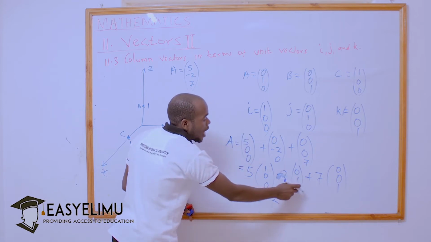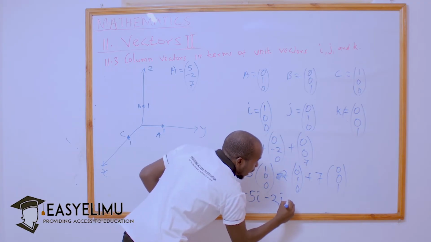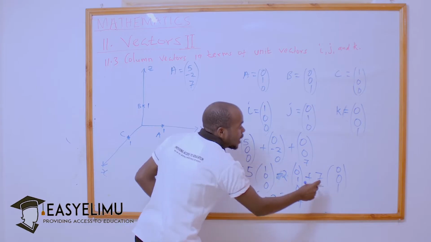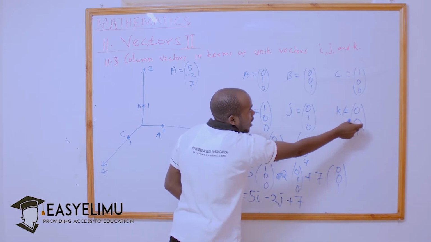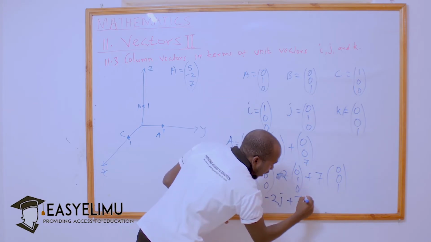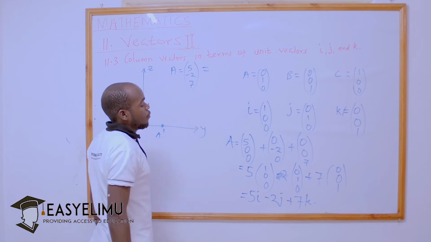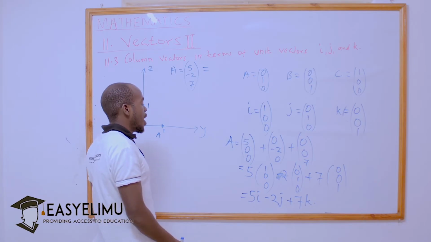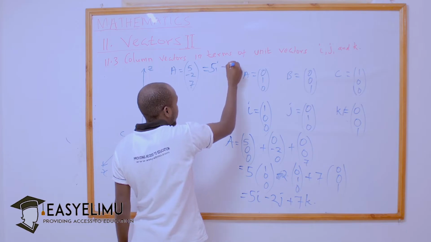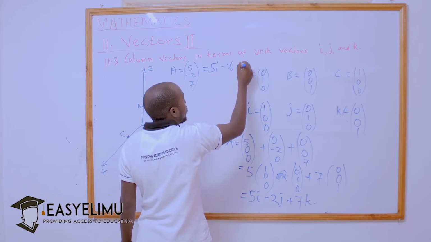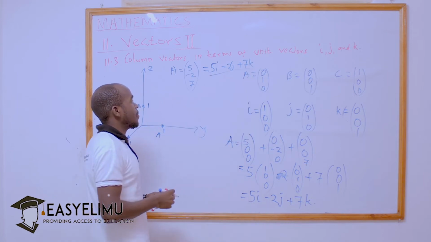In place of 0, 1, 0, we shall write J. The other one will be 7, but in place of that, we can replace with K. So we are going to have this one in terms of I, J, and K as 5I minus 2J plus 7K. So that is how it is represented.